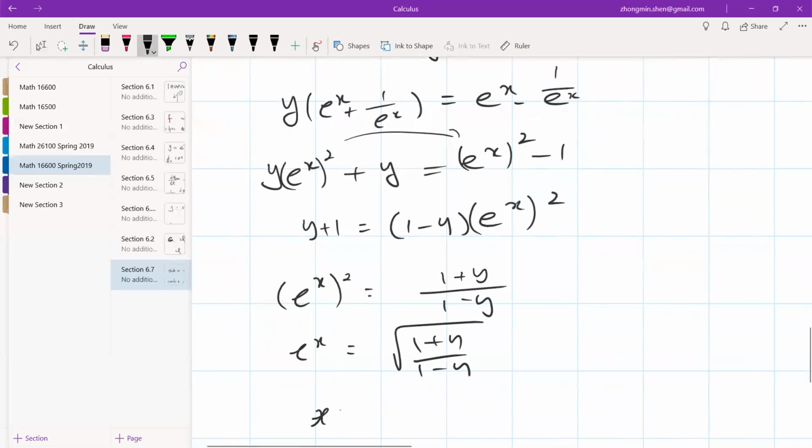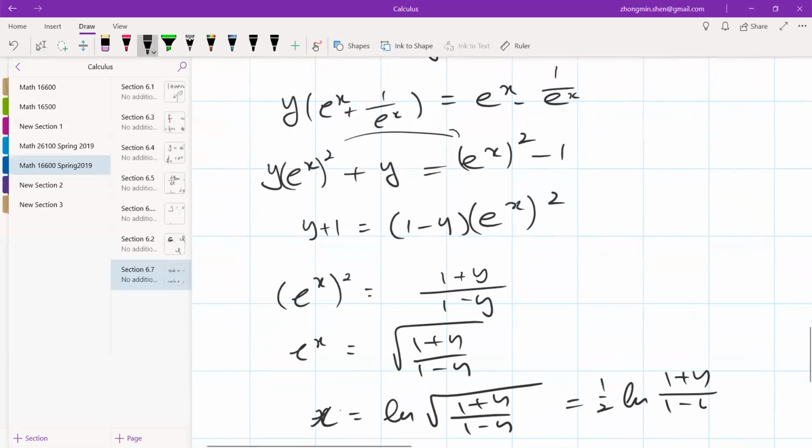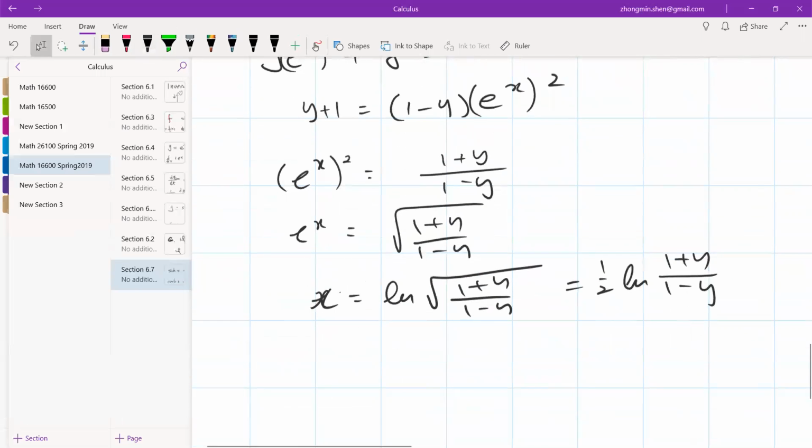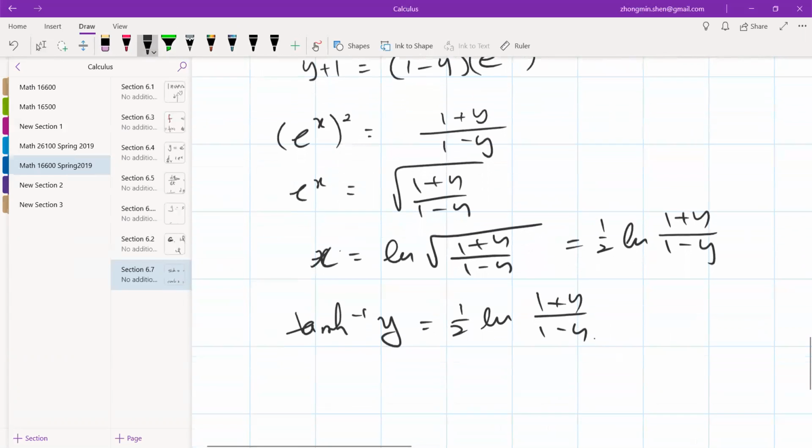Then you find x. This is interesting. This is the inverse function: half of natural log of (1 plus y) over (1 minus y).